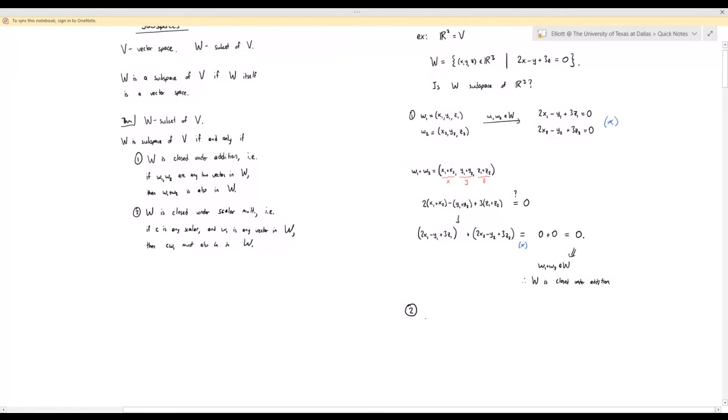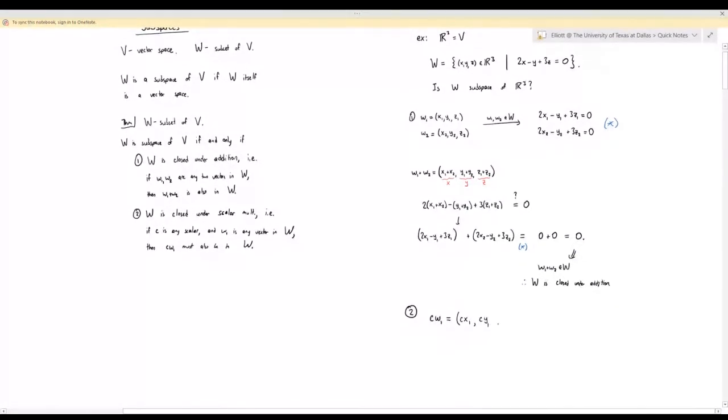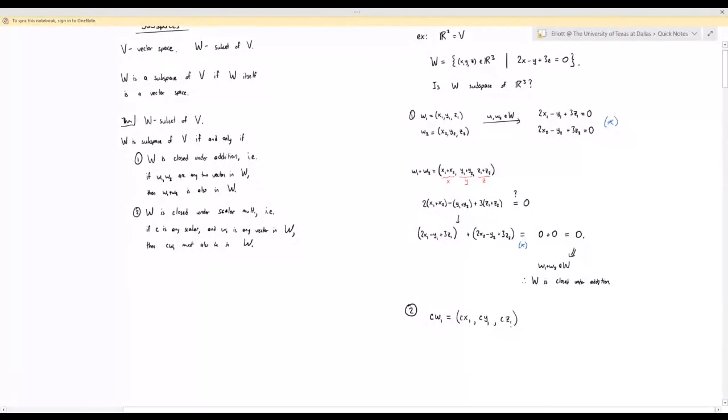Since I'm checking closure under scalar multiplication, let's multiply W1 by a scalar C. Multiplying by C will just multiply each component of W1 by C. And now the question is, is this vector going to be in W? To check, again, you want to check whether the components will satisfy the defining equation for W.